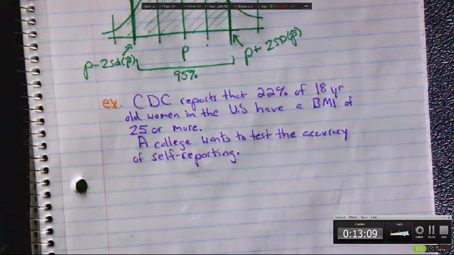Self-reporting means rather than actually having a doctor come in and measure the 18-year-old's BMI, there's usually a formula for BMI that involves your height and your weight. So they say, what's your height, what's your weight? And then from that, they can calculate the girl's BMI. They're testing the accuracy of self-reporting.